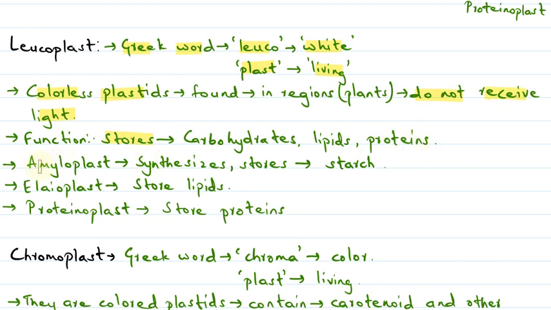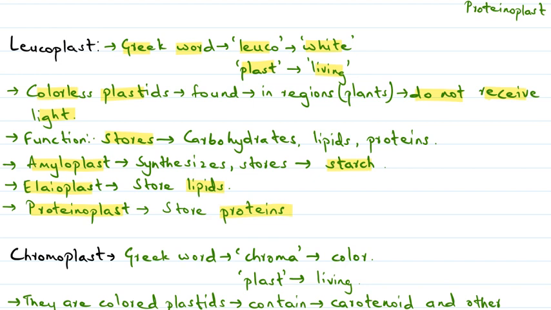Amyloplast is a type of leucoplast that synthesizes and stores starch. Then there is elaioplast, which is also a type of leucoplast, and it stores lipids. Then proteinoplasts are also known as aleuroplasts, and they mainly help in storage of proteins.